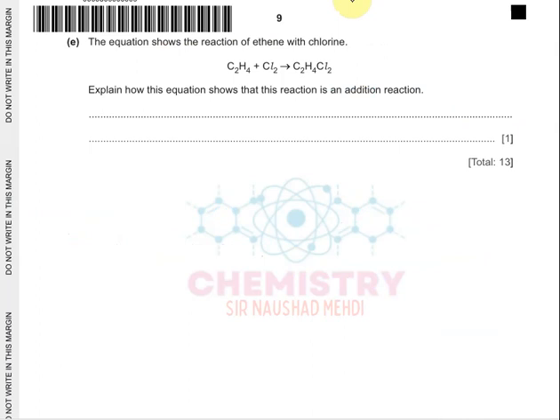And now in this question it says the equation shows the reaction of ethene with chlorine. Ethene is your alkene, C2H4. If you draw the structural formula, it would be like this, C2H4, and you are reacting it with chlorine, Cl2.